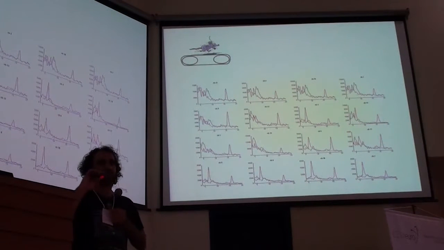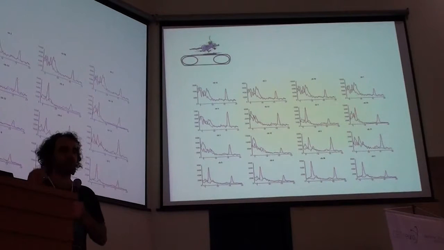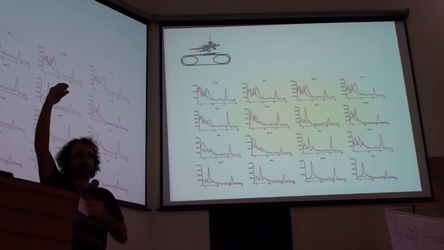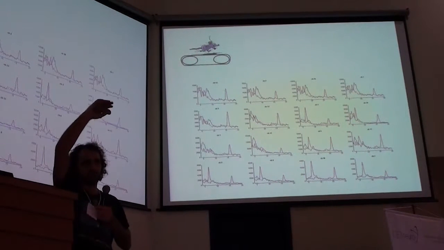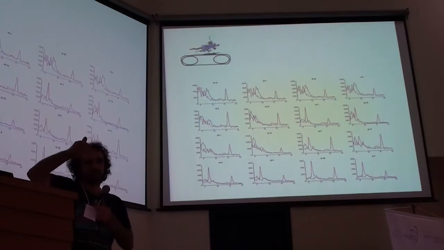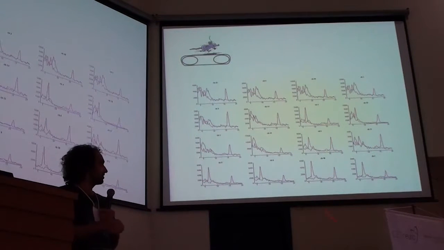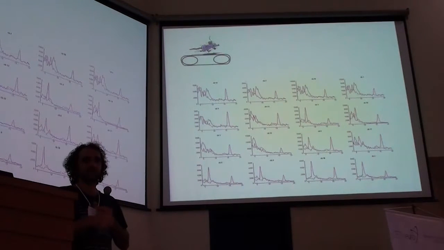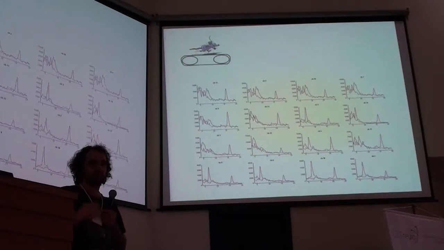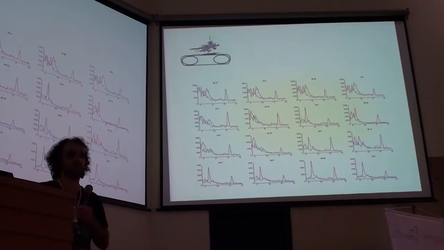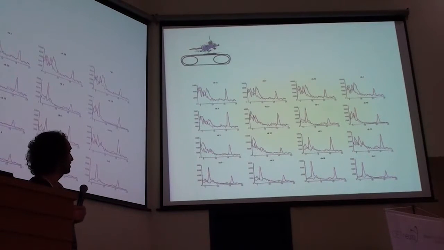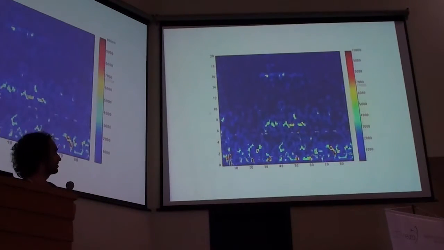We also get the same with DREADDs. When you inject the excitatory DREADD and you get almost all the OLM cells, you do increase this distal theta related to movement. So you increase synchronization between dorsal and ventral. I'm sorry that I missed this line here, but I can show it afterwards to people who want to see.